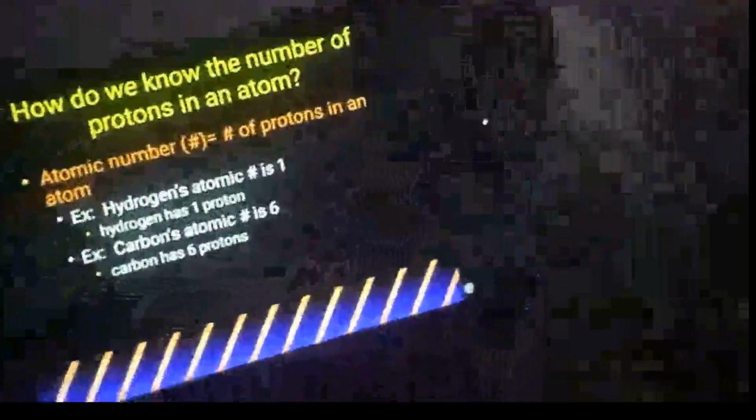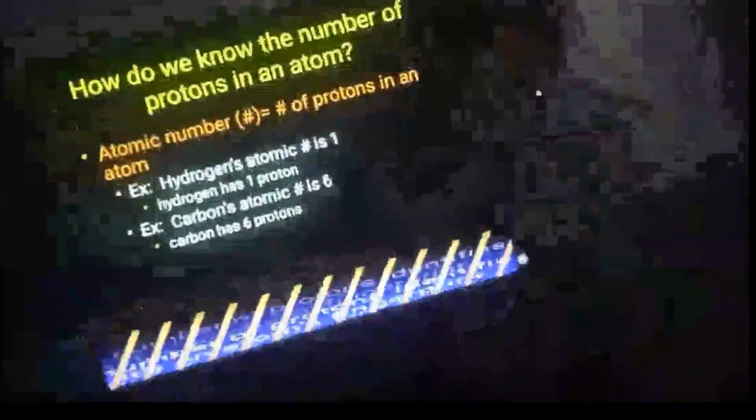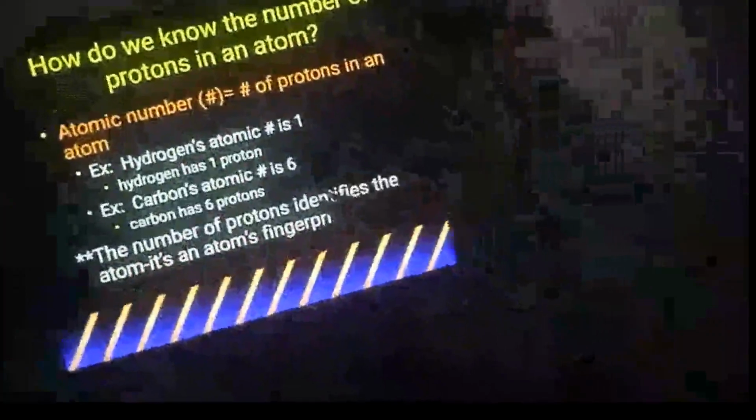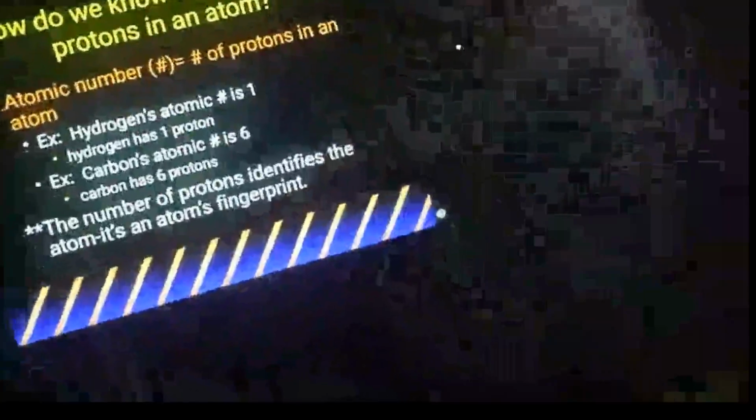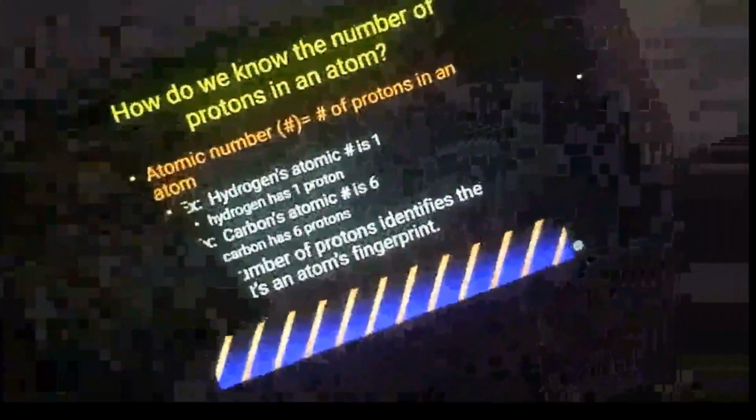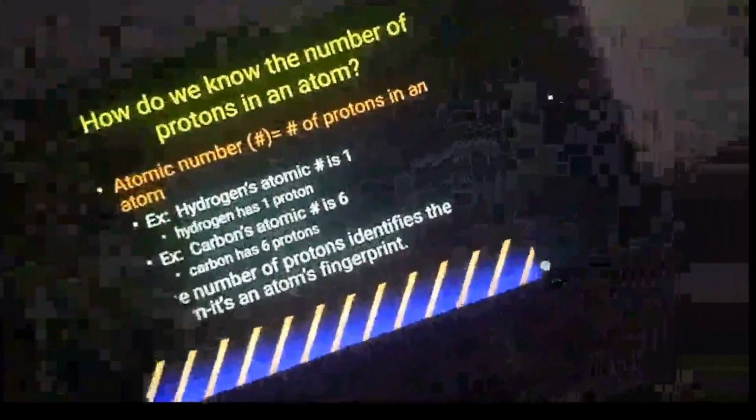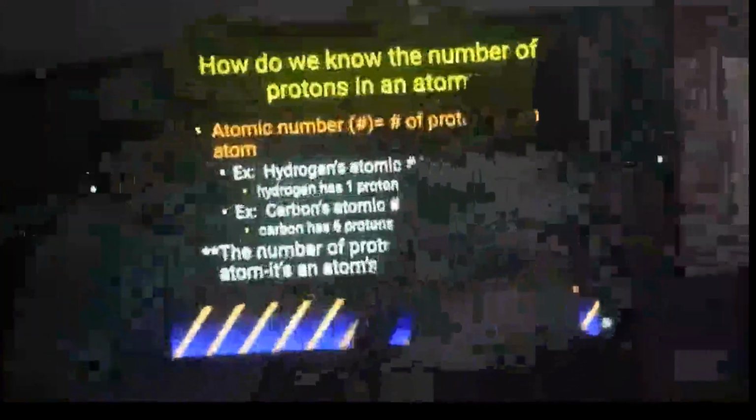Carbon's atomic number is 6, because carbon has 6 protons. The number of protons identifies the atom; it is an atom's fingerprint. That means atomic number is always a unique figure for each atom. So let's move to the next slide.